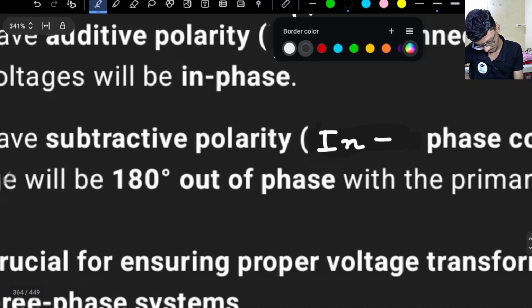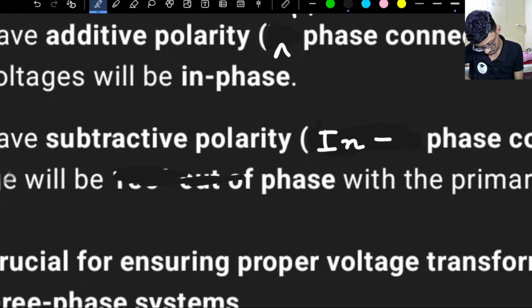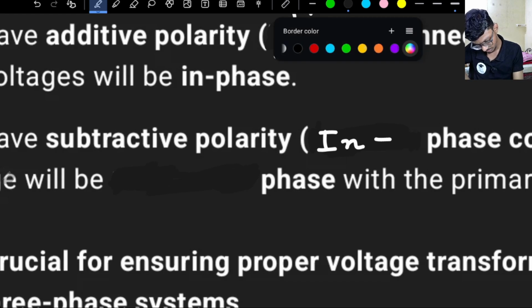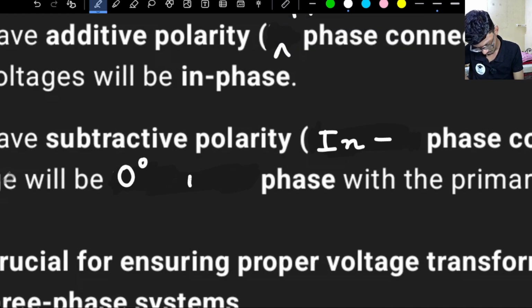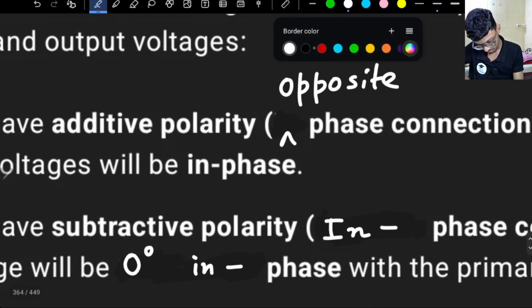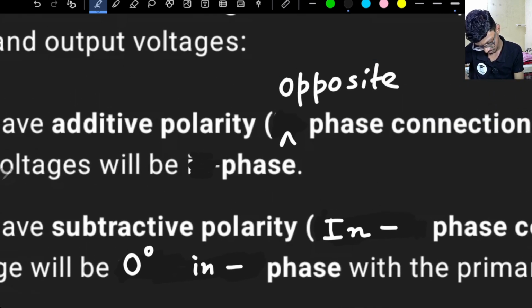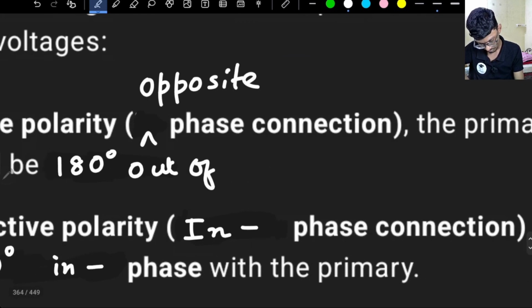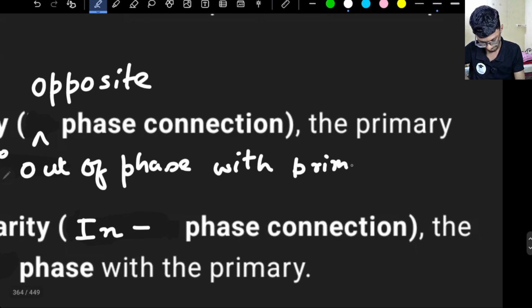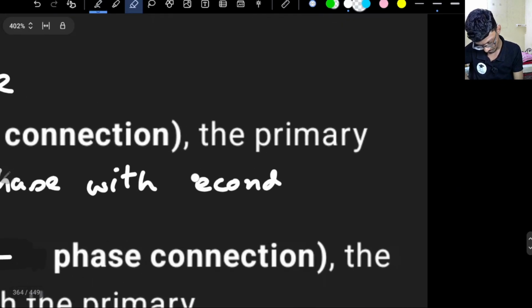This will be 0 degrees actually, a lot of things have to change. 0 degrees, and this will be out of phase with primary, no, sorry, with primary.